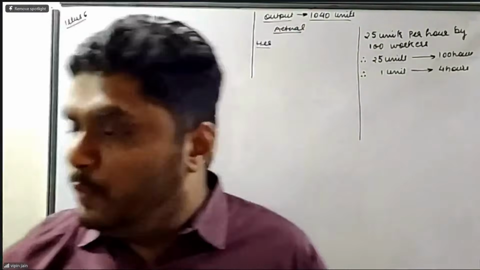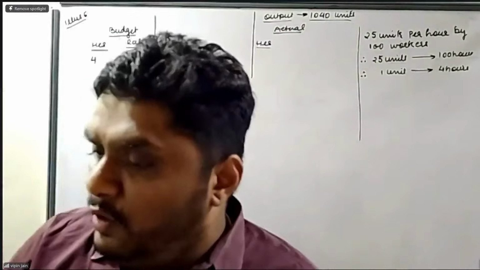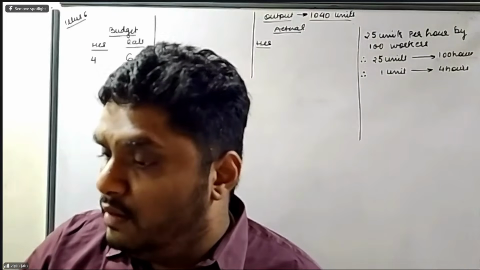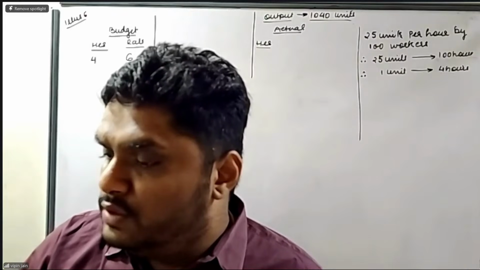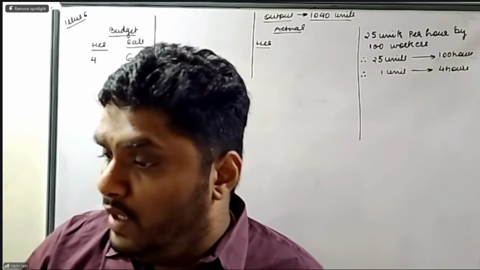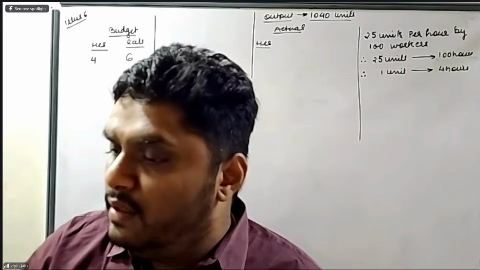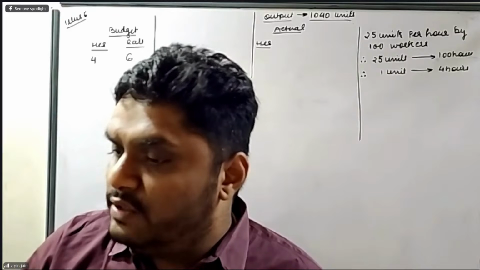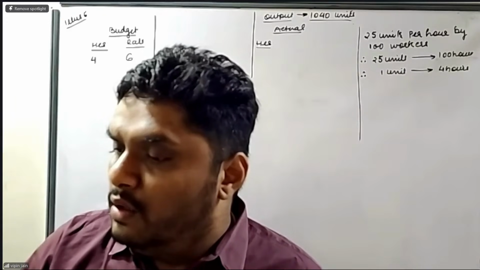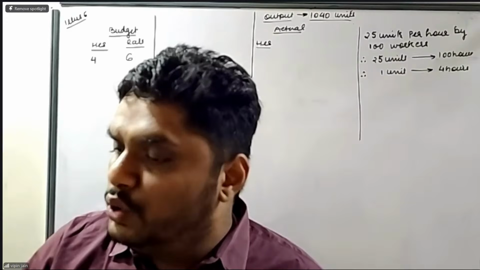This is what my output is. In a 42 hours week, the department produced 1040 units of EXE despite 5% of the time paid being lost due to abnormal reasons.